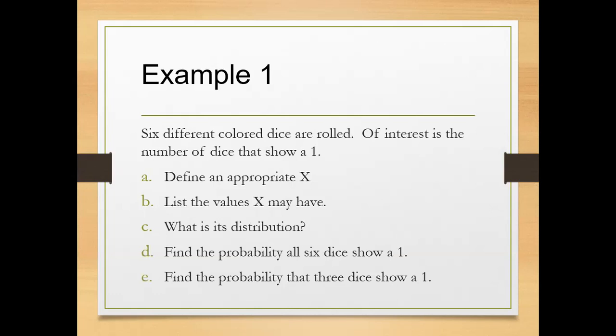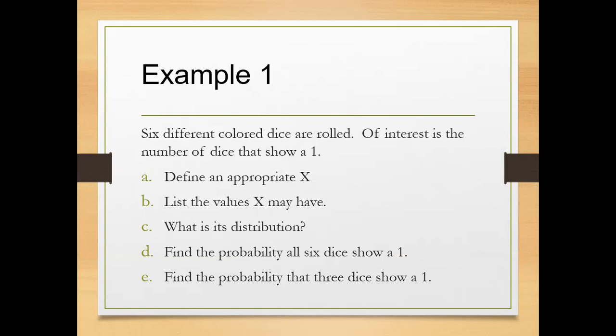Find the probability that all 6 dice show a 1, and find the probability that 3 dice show a 1. I want the probability that all 6 show a 1 and the probability that 3 dice show a 1.